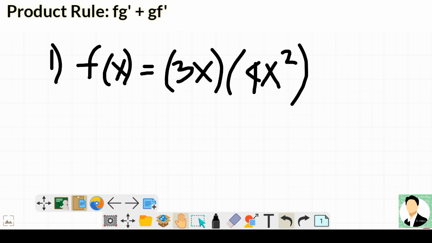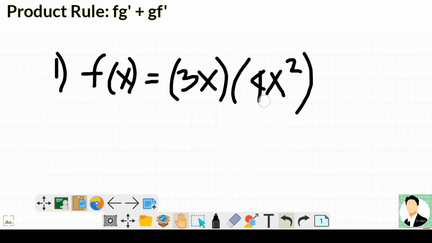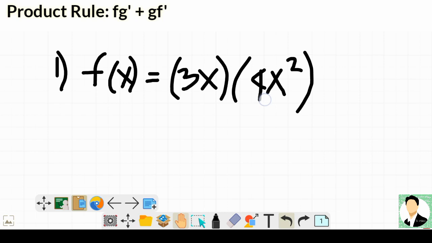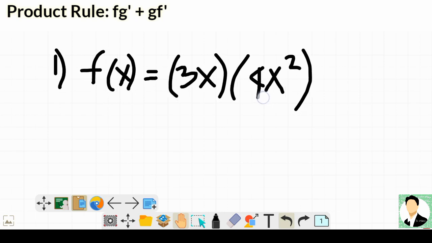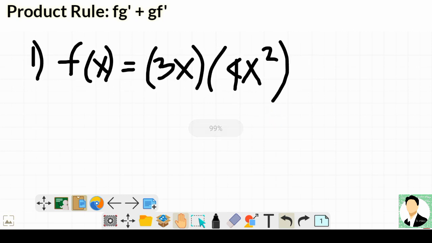So for the first example, find the f prime of x ng function of x natin na 3x times 4x squared. So using product rule na f times g prime plus g times f prime, gamitin natin yun. Paano yun nag-work?